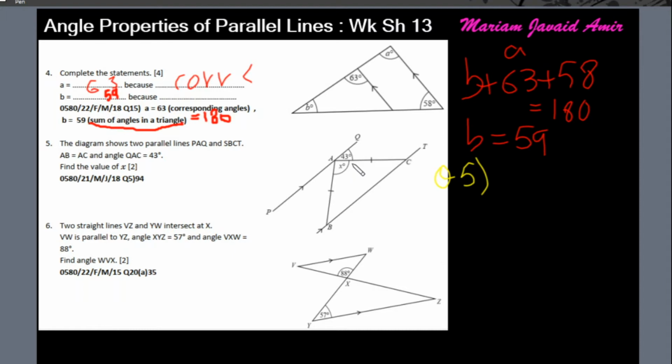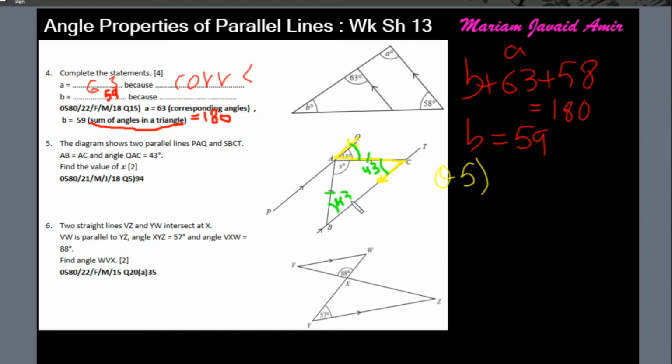Now we need this angle value x, and these two lines are parallel. So this angle 43 will be equal to this angle, and this property is called alternate angles.